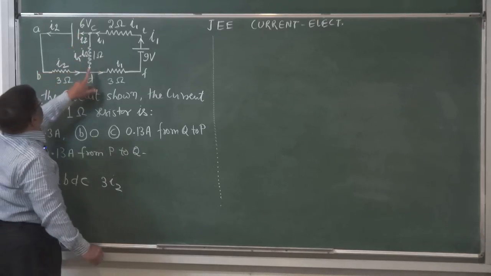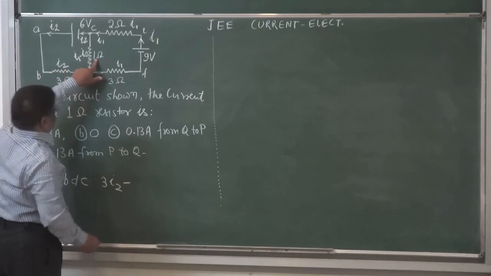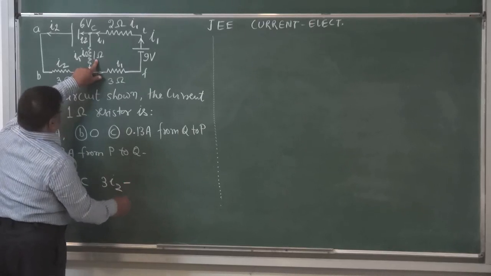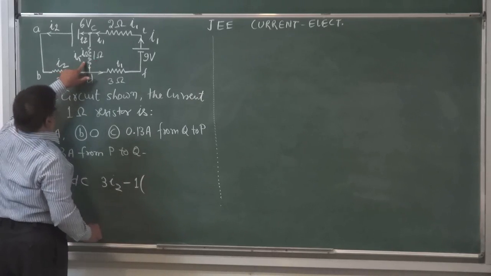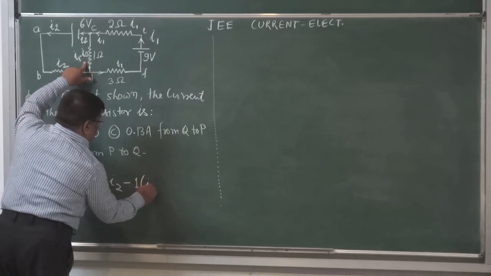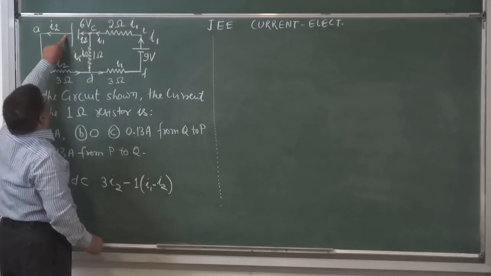Here it is in the opposite direction, minus 1 into I1 minus I2. Again go here.